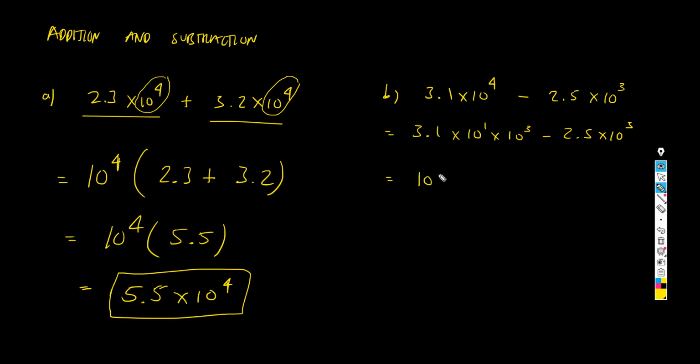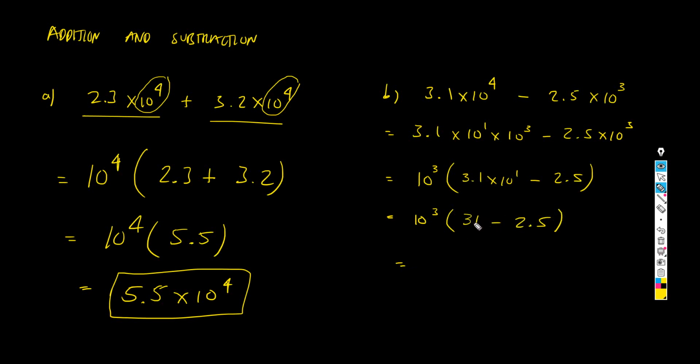So let's take it out as a common factor, 10 to the 3, that multiplies 3.1 times 10 to the 1 minus 2.5. Okay, now what we do is let's convert this number into standard notation. 3.1 times 10 will be just 31 minus 2.5.